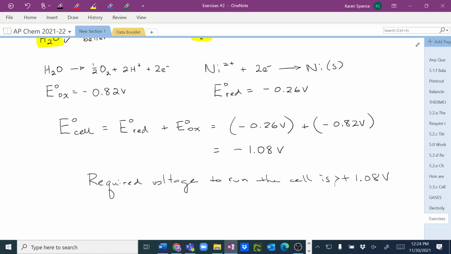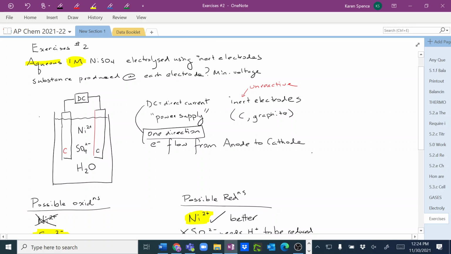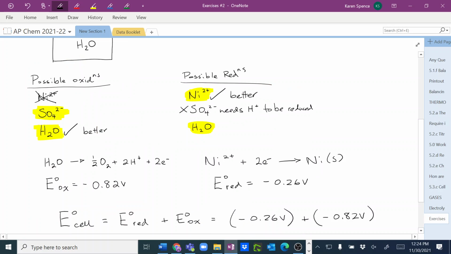We were asked to find the products produced at each of the electrodes. So if this is oxidation, what's going to be produced at the anode? Well, oxygen and hydrogen are produced at the anode.